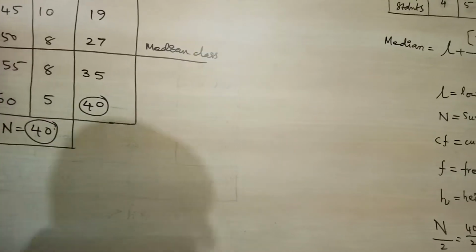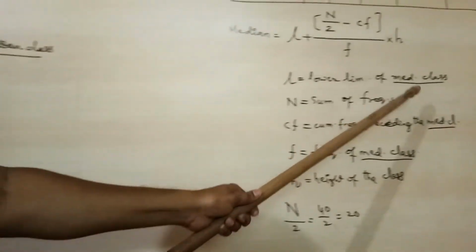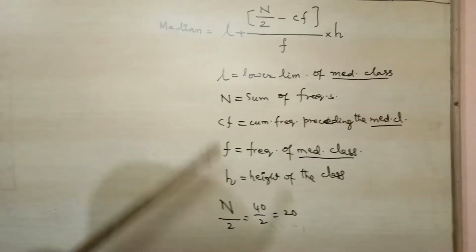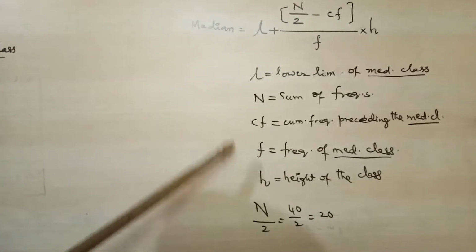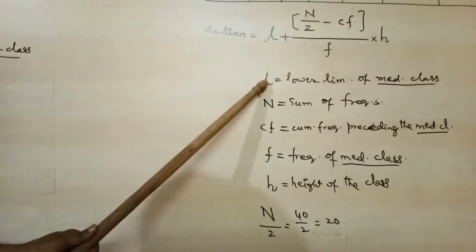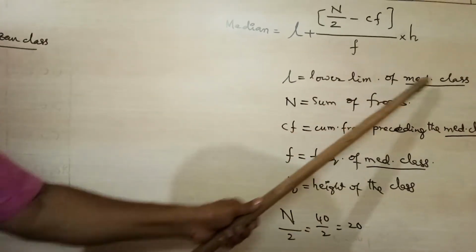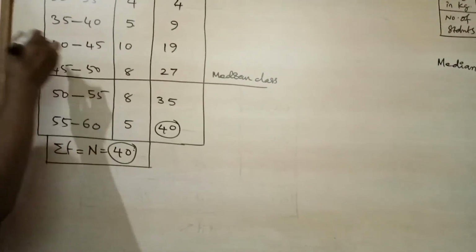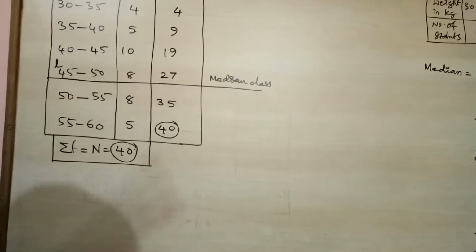We got the median class, which means indirectly we will get the L value, CF value, f value. L means the lower limit of the median class. Therefore, this is the lower limit, and the L value is 45.